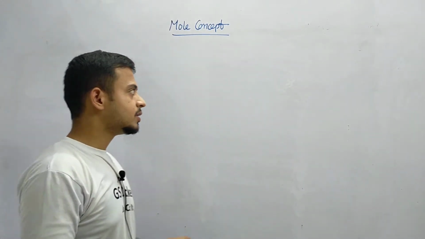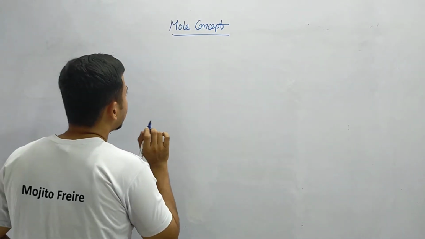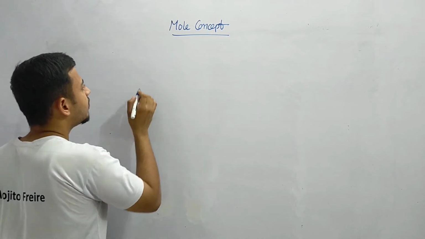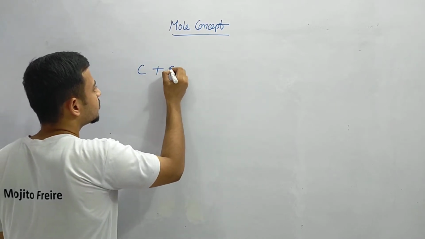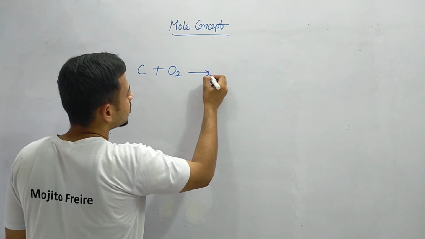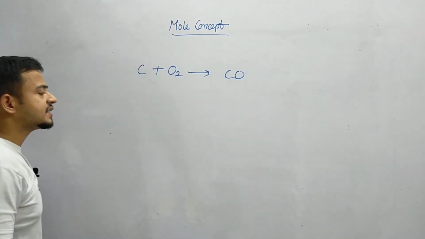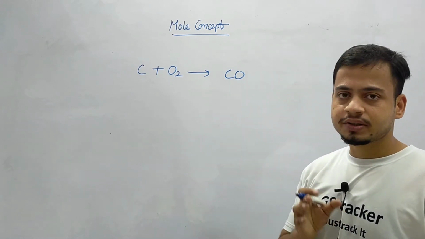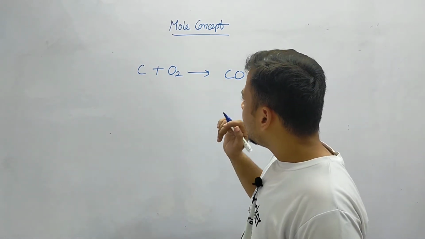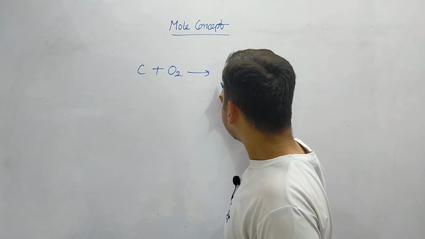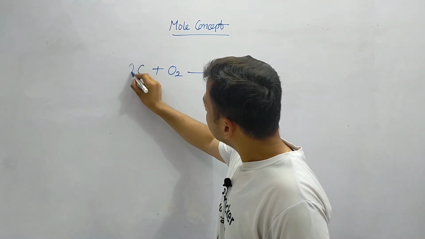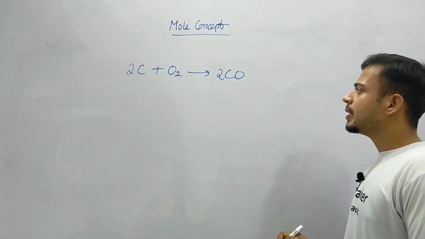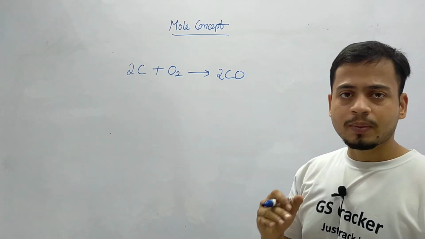Now, look here. I have a simple chemical reaction, C plus O2 gives CO. This is carbon reacting with oxygen to form carbon monoxide, partial oxidation of carbon. Now if I balance this equation, I will get 2C plus O2 gives 2CO.